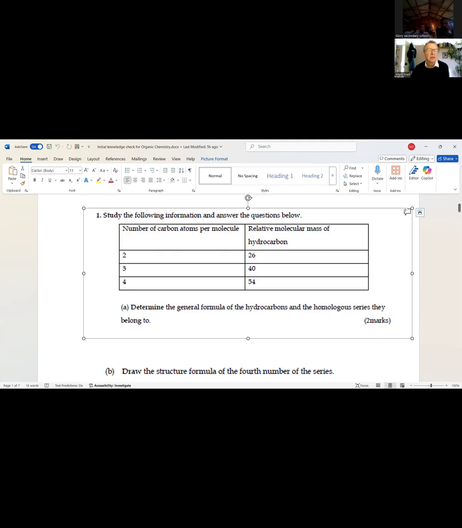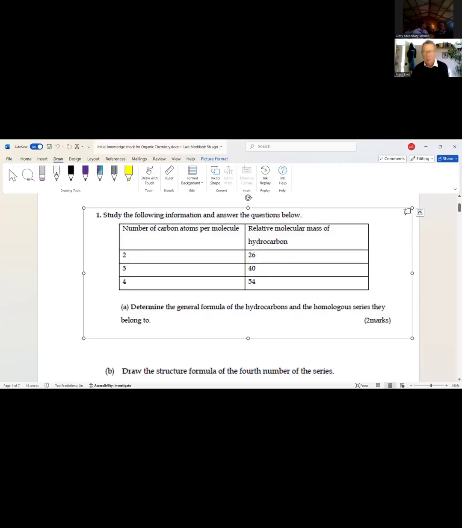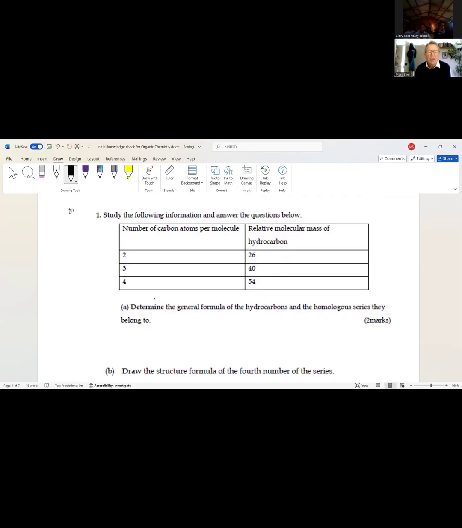I'm going to see if I can draw on it. So to give you an idea of what I would do, I would go, okay, if it is C2 and it weighs 26, well, C2 weighs 24, so that would mean only 2 left over, so it would have to be H2.